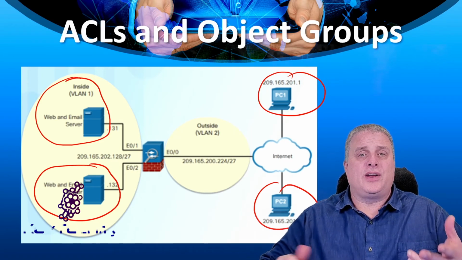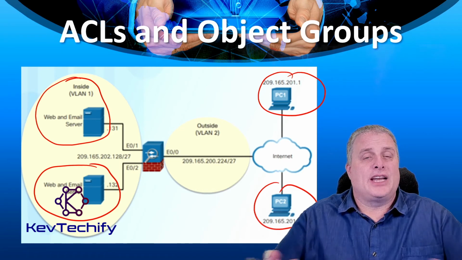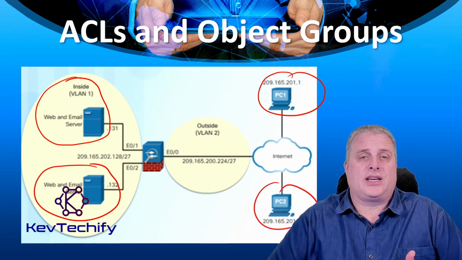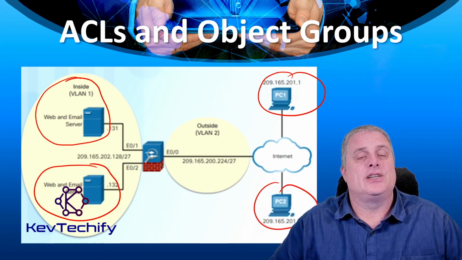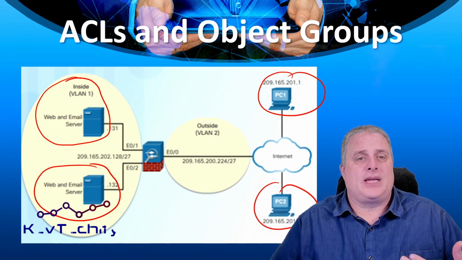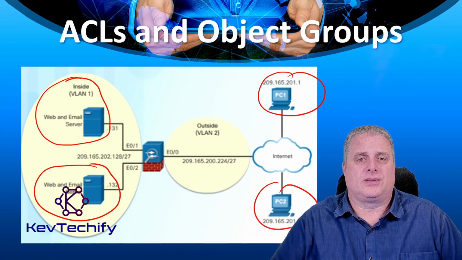All other traffic attempting to pass through the ASA from the outside to the inside should be dropped and logged. The ACL will require two access control entries for each PC to accomplish this task. The implicit deny any drops and logs any packets that do not match email or web services.